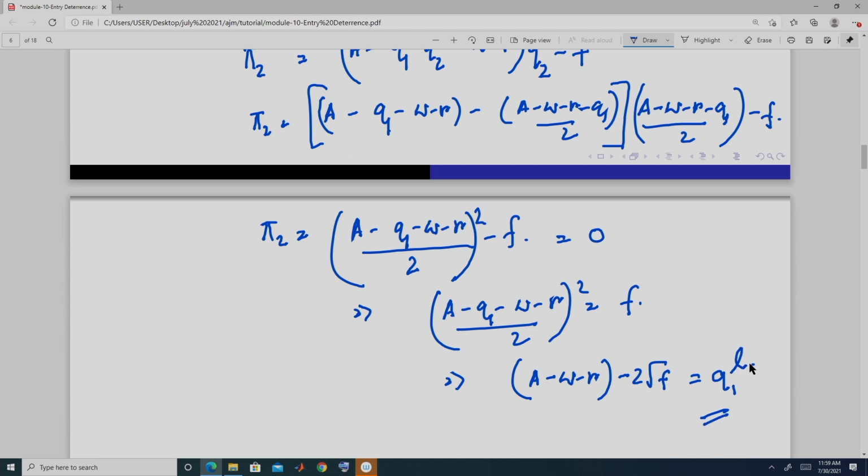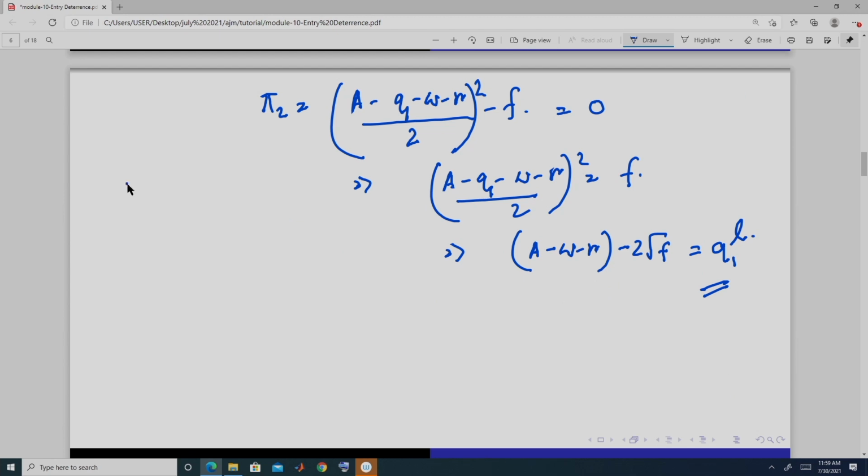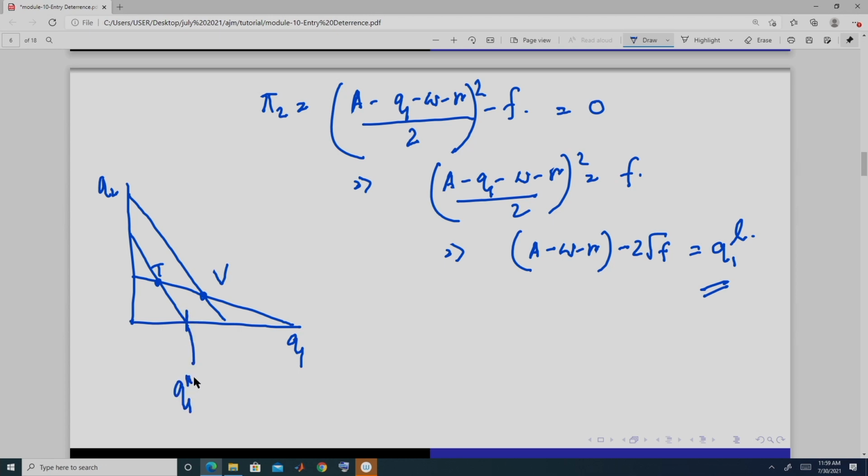So this is the limit output. Okay. Now, let us again draw the reaction curves. So, this is the point T, this is the point V, and we know this is the monopoly outcome of firm 1. So, it is in this reaction function of firm 1.